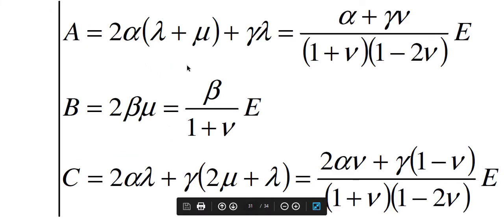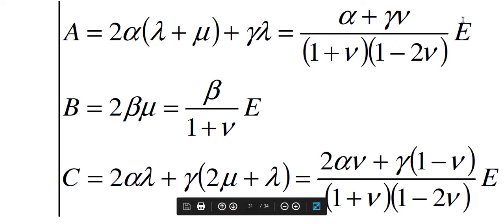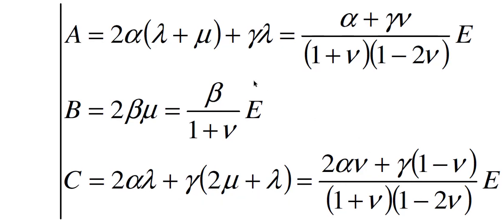It should be remembered here that lambda and mu represent the Lamé coefficients, and here E and nu represent the Young modulus and the Poisson's coefficient respectively. It is to note here that the constant of integration delta does not appear in these formula.